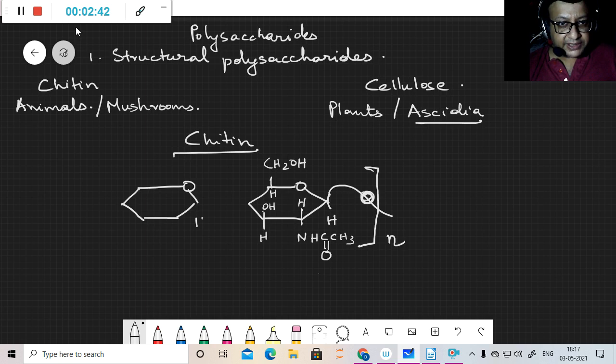The structure goes like this. There is a beta structure coming out from here. It goes on like this. Then you have another H. So this is essentially the bond present over here. The same structure is repeated over here. You have H, you have NH, C double bond O, CH3.